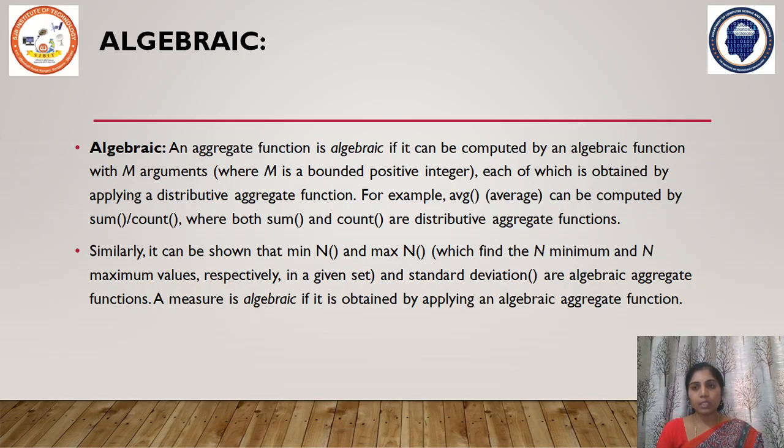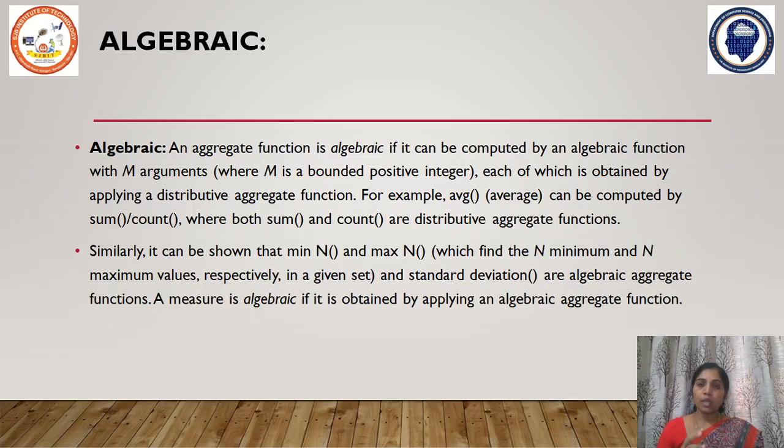Similarly, min N and max N find the N minimum and N maximum values respectively for a given set. The standard deviation function is also an algebraic aggregate function. A measure is algebraic if it is obtained by applying an algebraic aggregate function.